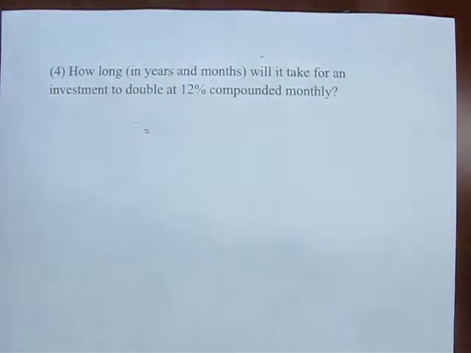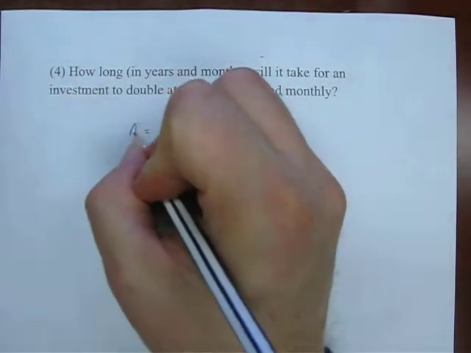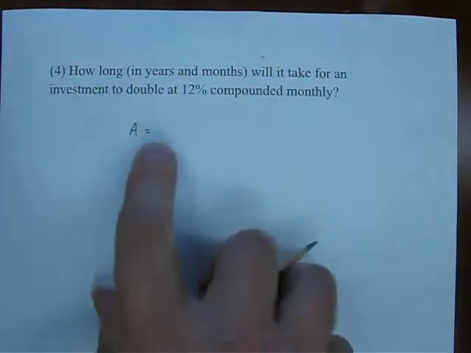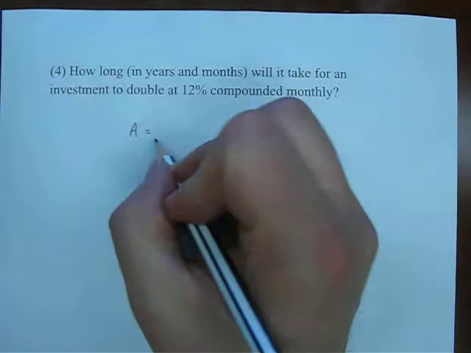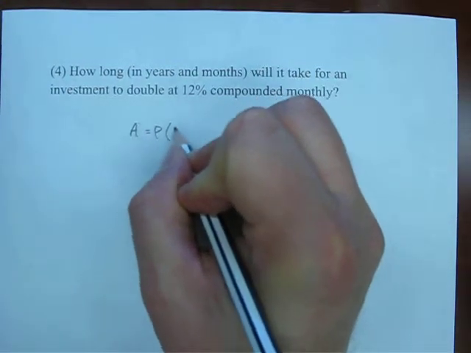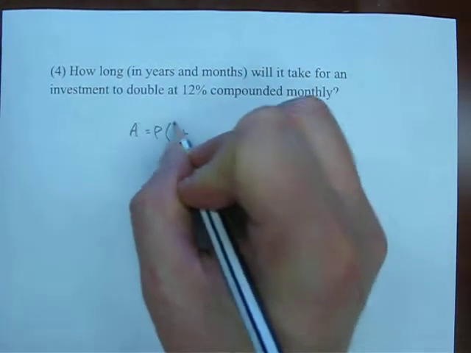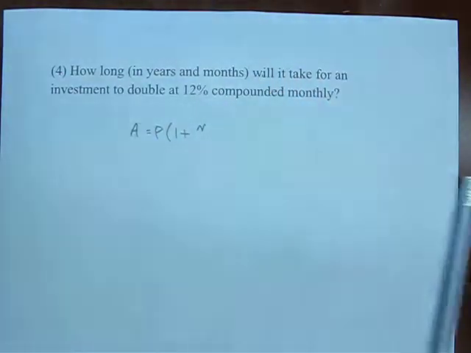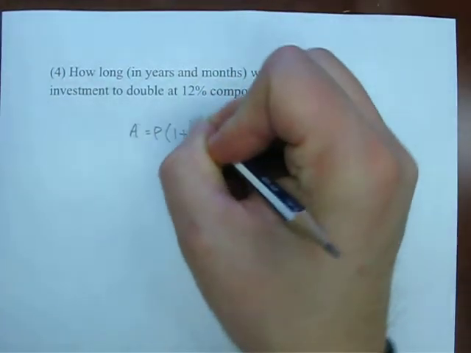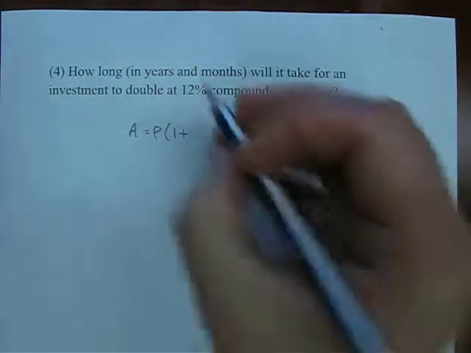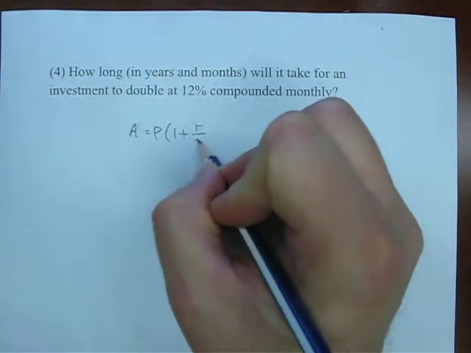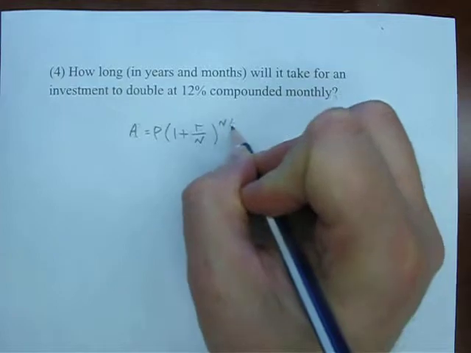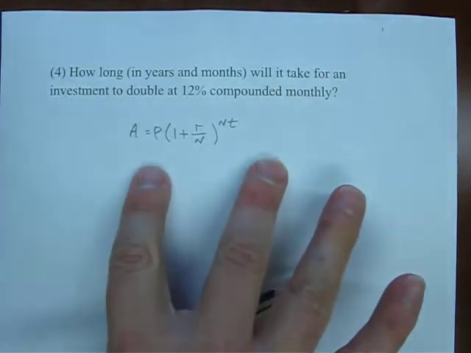My formula is A, the amount after all interest is earned, is P, the principal, times 1 plus r over n, to the nt power.